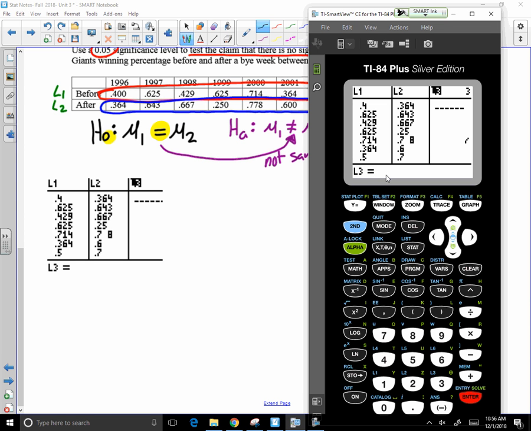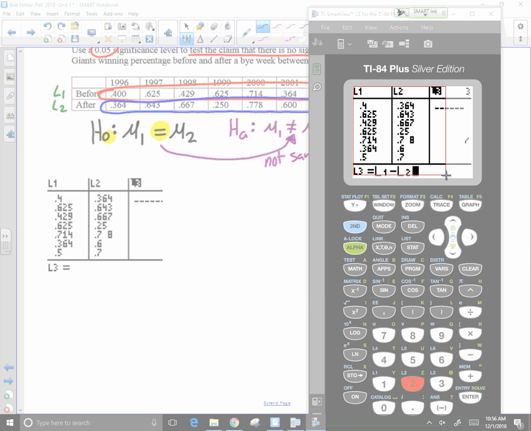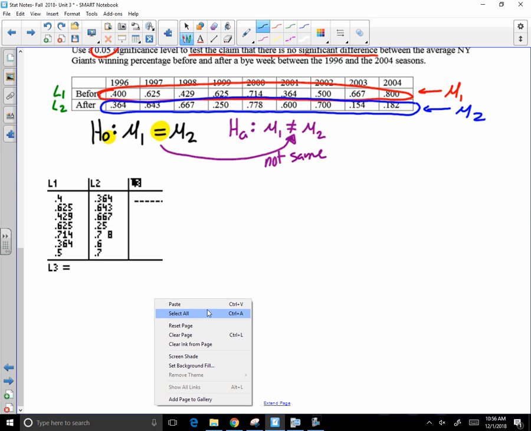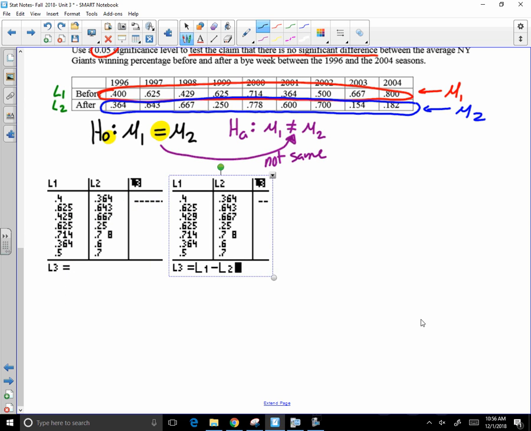So by hitting enter on L3, I can now refer to entire columns. I'm going to say L1 minus L2. So second 1 minus second 2. And again, it's second 1, second 2 with a minus sign.